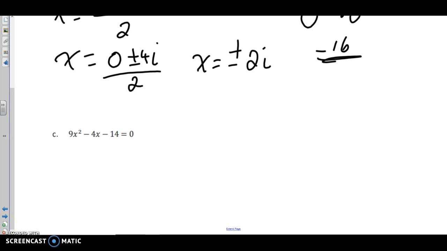So let's take a look at a couple more, and then we'll set you off on the problem set. So for C, b squared, negative 4 squared is 16, minus 4 times 9 times negative 14.